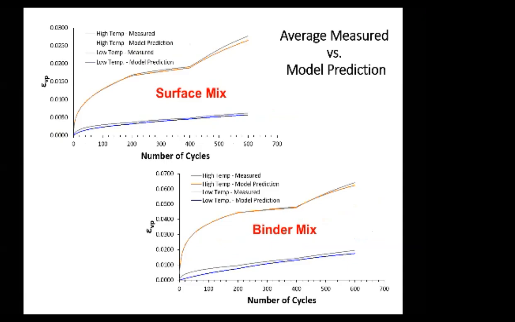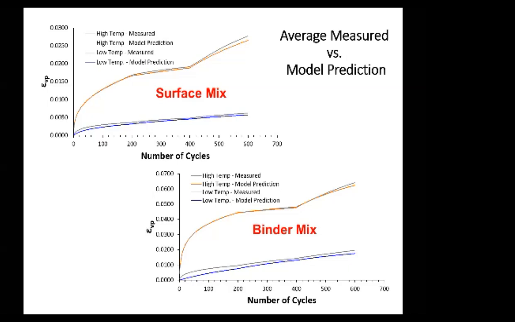Now, what we did is we averaged these curves, the viscoplastic strains of the various replicates at T high and at T low, and we fit the viscoplastic model, the shift model. Remember, there are 3 coefficients that we need to determine to model a certain mix using the shift model.